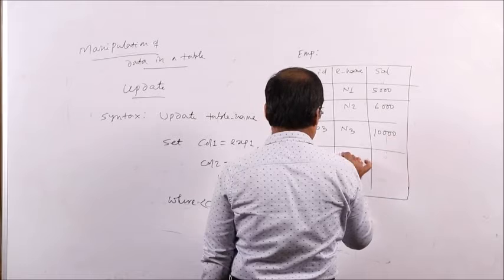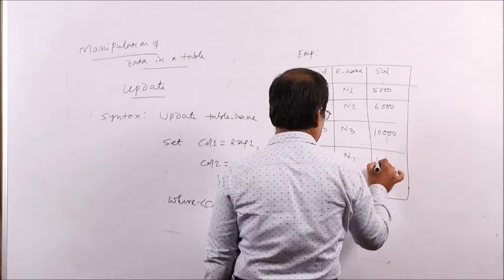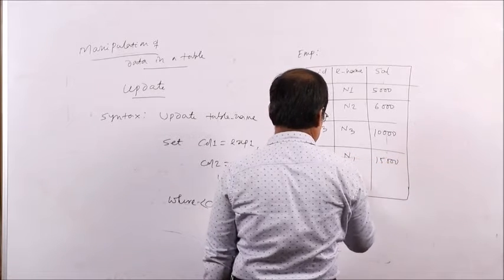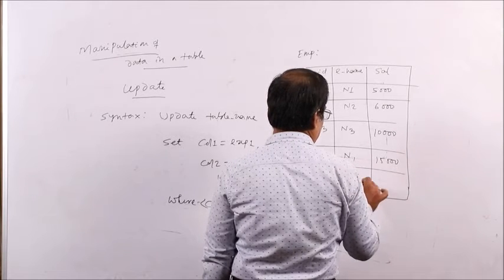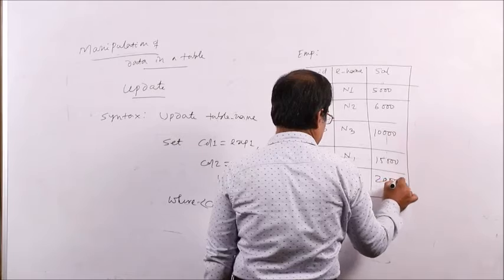Suppose 04, employee name is N1, 15,000. 05, N4, 20,000.